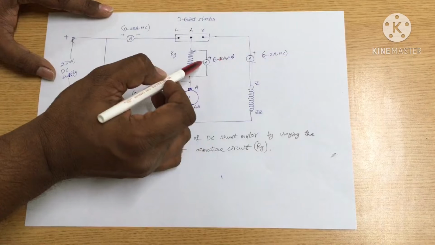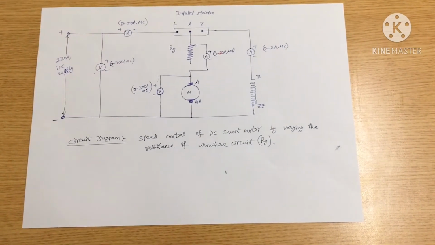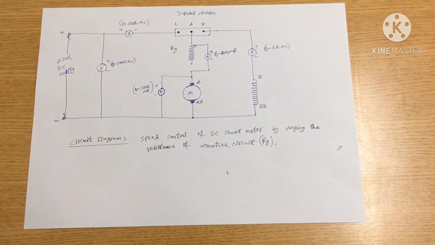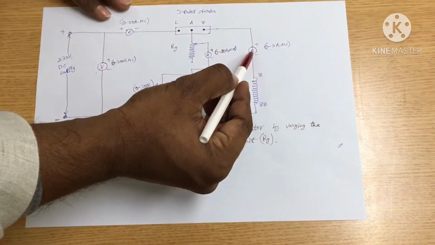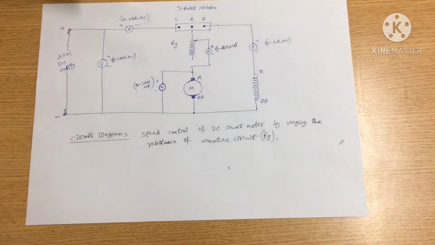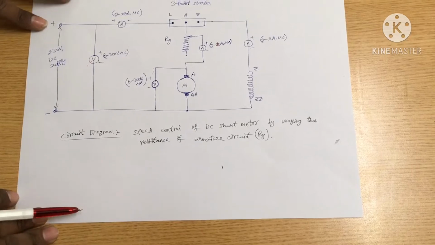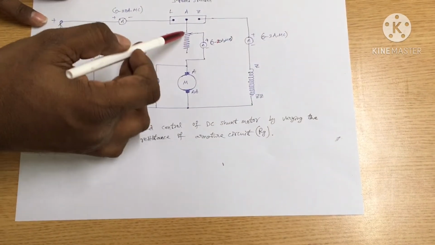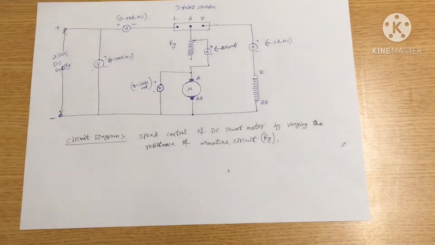And by using this armature winding ammeter, we can measure the current through the armature winding. By using the field winding ammeter, we can measure the current through the field winding. Now we have connected one armature controlled resistance in series with the armature winding.